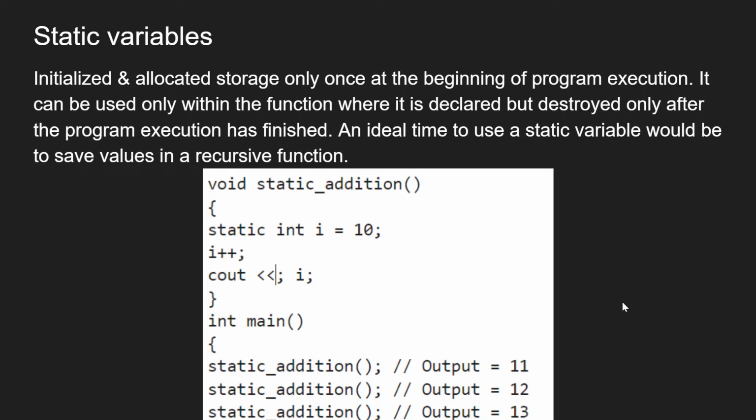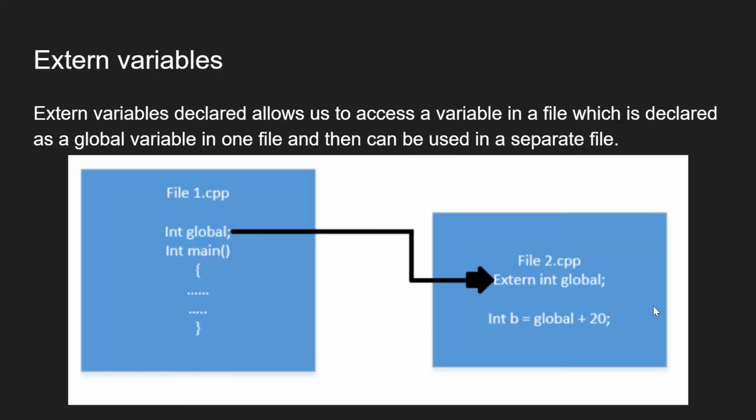So if you know for sure that a static variable that you declared is only going to be used within that area, by all means go ahead and declare a static variable. But if you need it elsewhere, like in multiple files, it's better to use either an external variable or a global variable. Which segues to the final one, which is external variables.